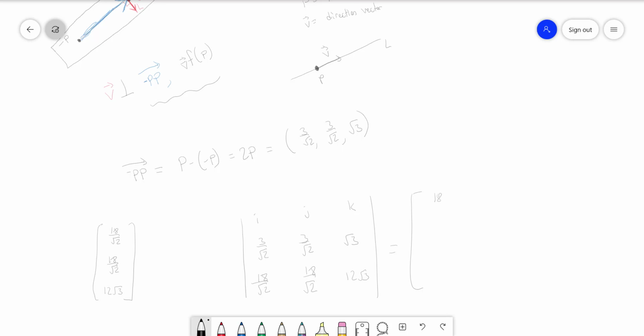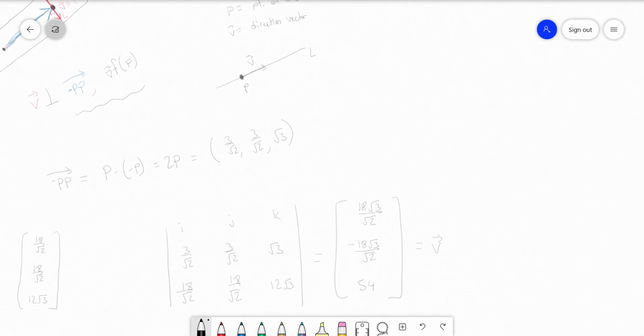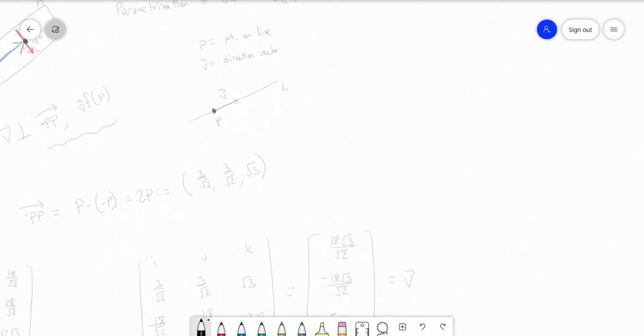This should leave me with 18 root 3 over root 2. The next one will be the same thing but negative. The last one is, what is that? 54 over 2, so 27 minus a negative, so plus, so 54, I think. So we could use this as a direction vector for the line.